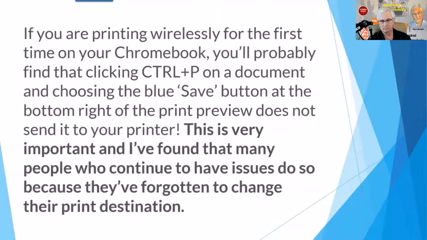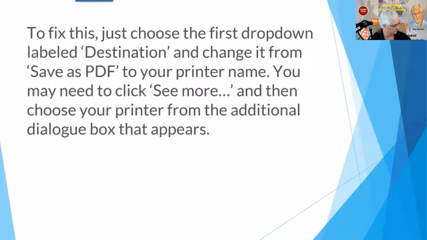If you're printing wirelessly for the first time on your Chromebook, you'll probably find that pressing Control plus the letter P on a document and choosing the blue Save button at the bottom right of the print preview does not send it to your printer. This is very important, and I found many people who continue to have issues do so because they've forgotten to change their print destination.